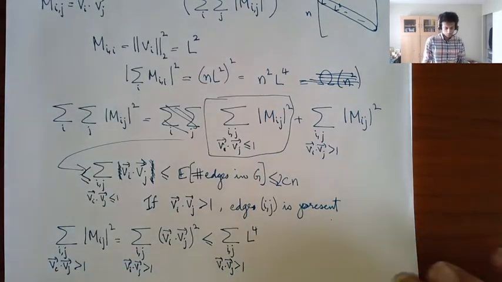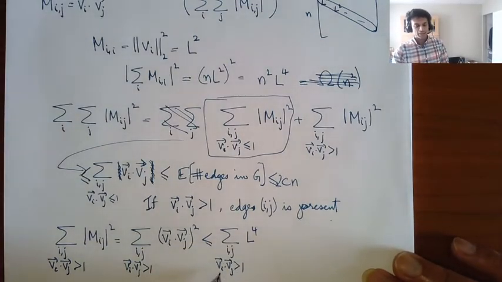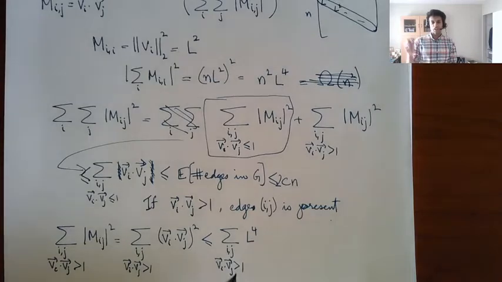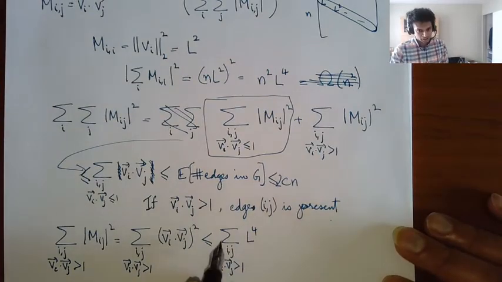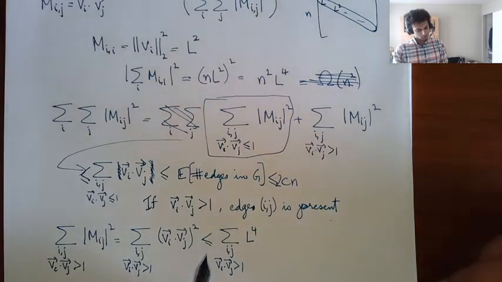This is important. Remember, I said that if vi dot vj is more than 1, the edge ij must be present. What this means is there cannot be many entries. The number of these entries is at most the number of edges.